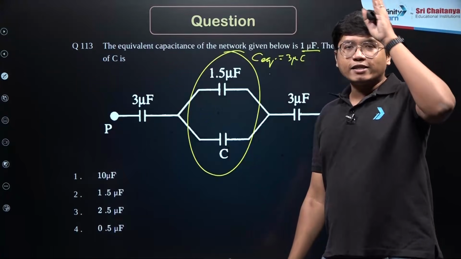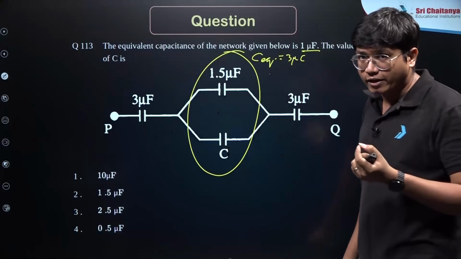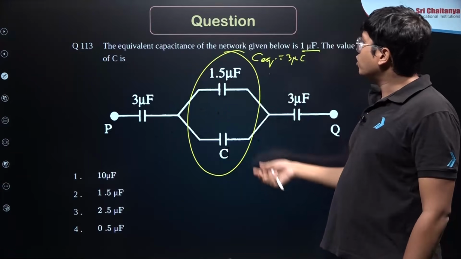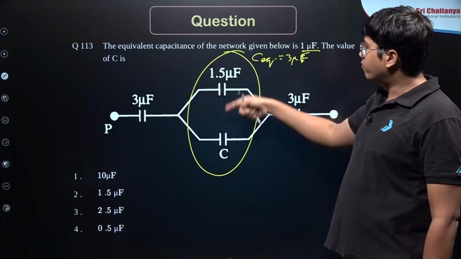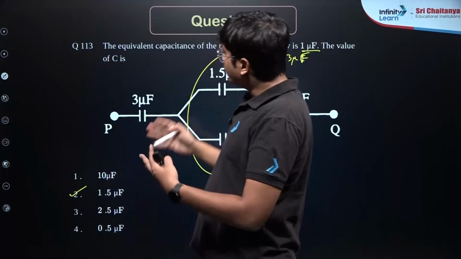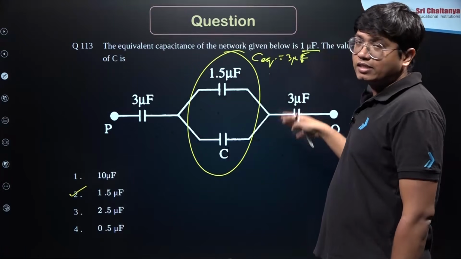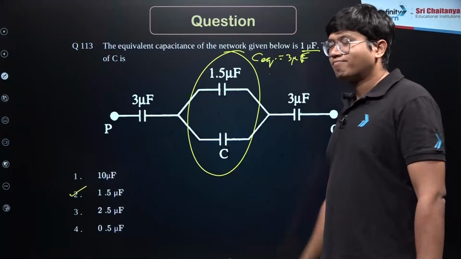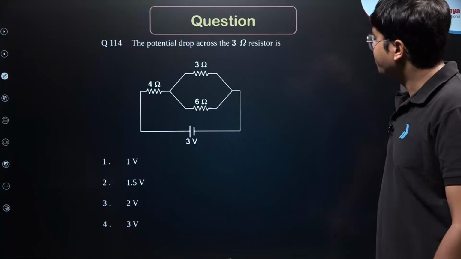Because then you will have 1 by 3 plus 1 by 3 plus 1 by 3, 3 by 3, that's equal to 1. These are the things you have to predict. Once you know it's 3 microfarad, then you know that comes from 1.5 plus C, then C also should be 1.5. Again, you can do the detailed thing. You can write 1.5 plus C, then parallel, keep the equation in C, then equate with 1, and do it quicker. You don't have that much time.